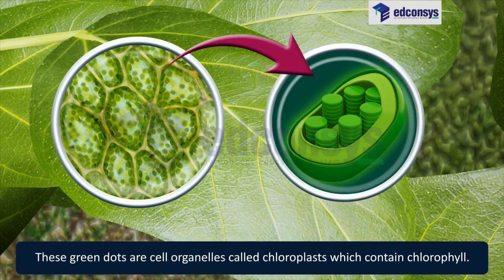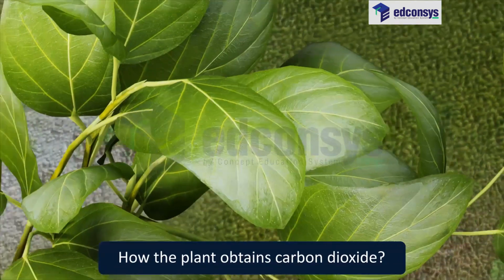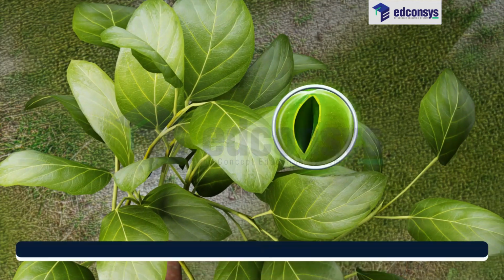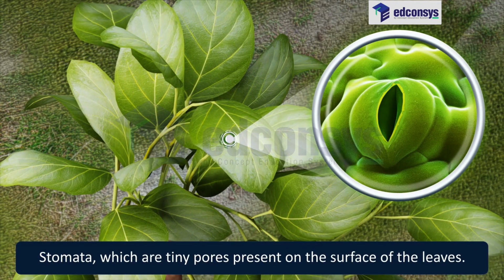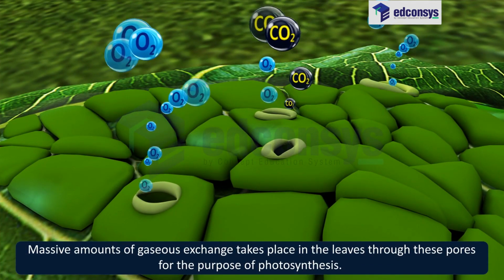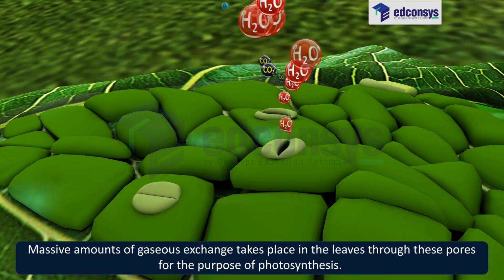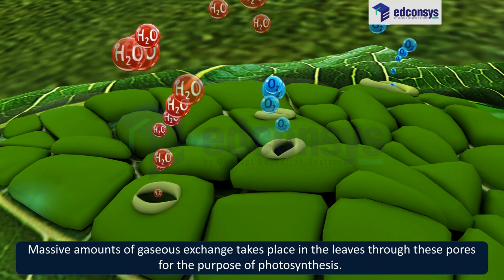These green dots are cell organelles called chloroplasts, which contain chlorophyll. How does the plant obtain carbon dioxide? Stomata, which are tiny pores present on the surface of the leaves. Massive amounts of gaseous exchange take place in the leaves through these pores for the purpose of photosynthesis.